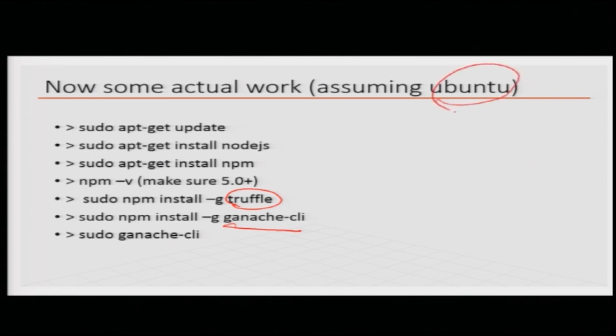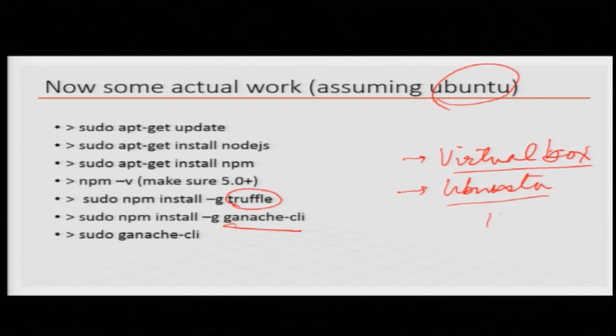Otherwise, what you can do is download VirtualBox from Oracle. It is free software. You can Google it and download it. It is basically the ability to host a virtual machine. Then from the Ubuntu distribution sites, you can download Ubuntu, let us say 19 or 18.04 LTS, whatever version you want, and you get an ISO image.